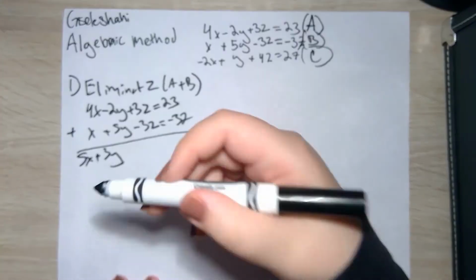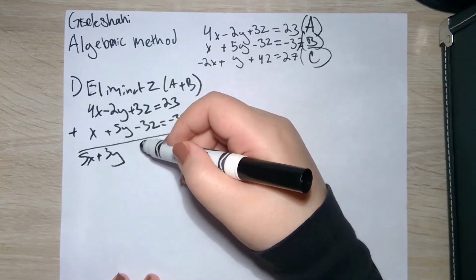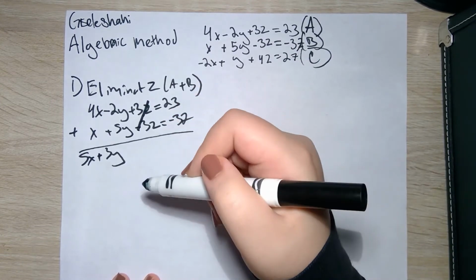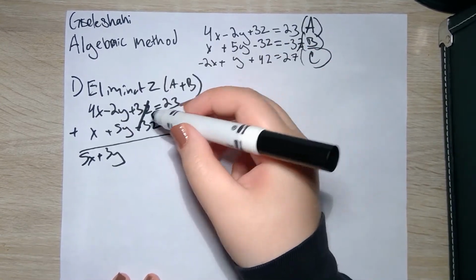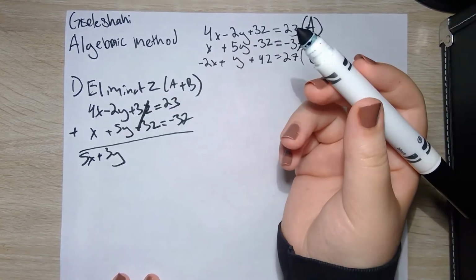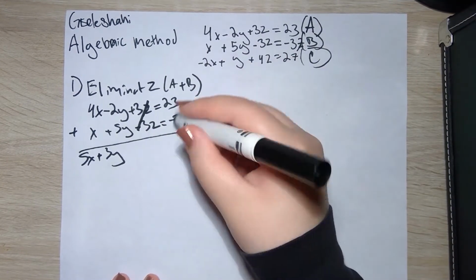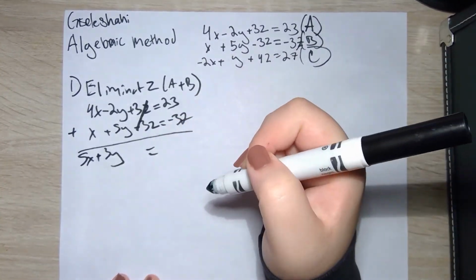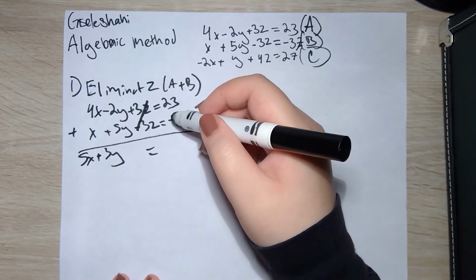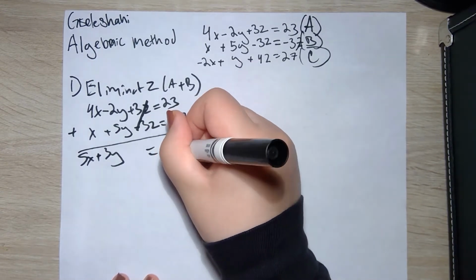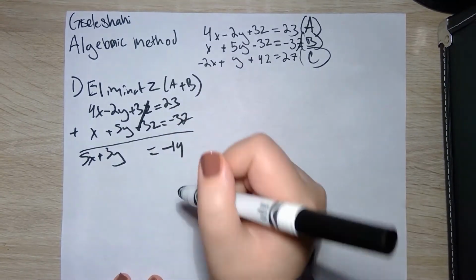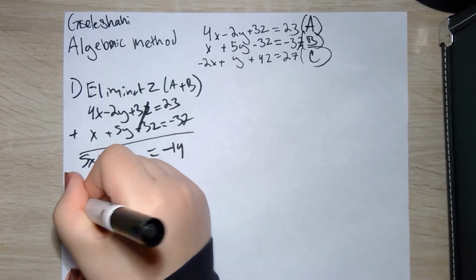And then this is the elimination I was talking about: you want to eliminate this z, so cross that out, because negative 3 plus positive 3 is 0. So eliminated. And then this equals 23 minus negative 37, which is negative 14.